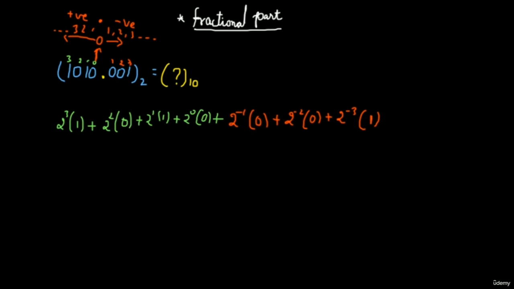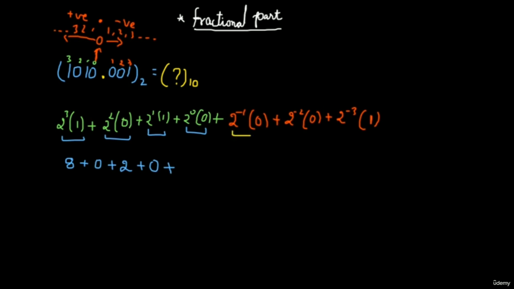So let's solve it for the final answer. 2 to the power 3 is 8, plus this is going to be 0, so let's write 0. 2 to the power 1 is 2, so let's write 2, and this one is again going to be 0 because we are multiplying it with 0, plus, let's change the color again so that it is convenient for us to understand.